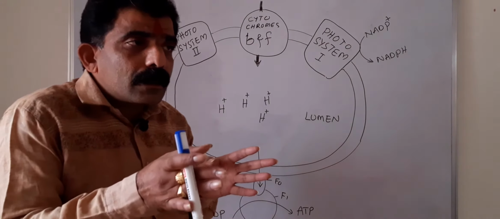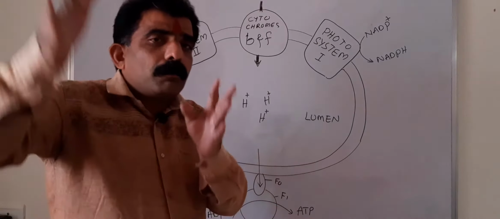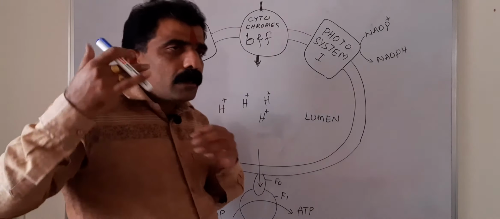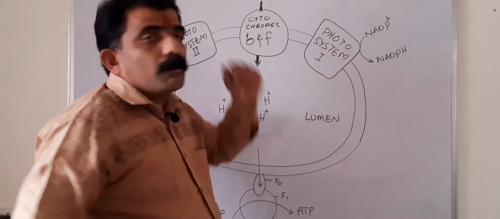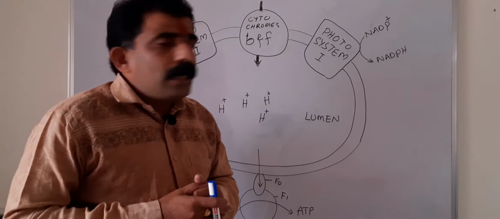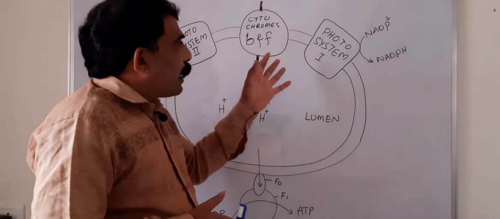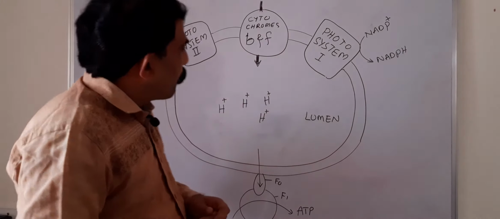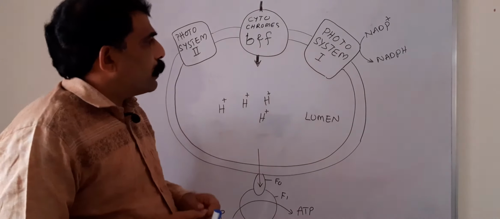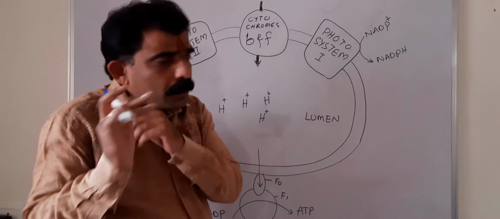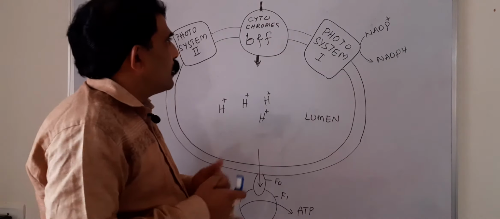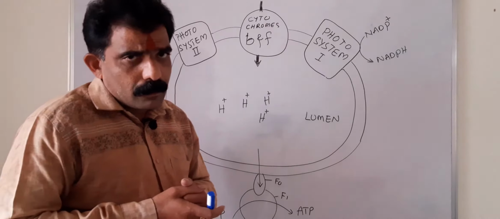For every electron transported through the plastoquinone, 2 protons are removed from the stroma. The electrons accepted by this plastoquinone are transferred to the next electron carrier. What is that? The cytochrome b6f complex.